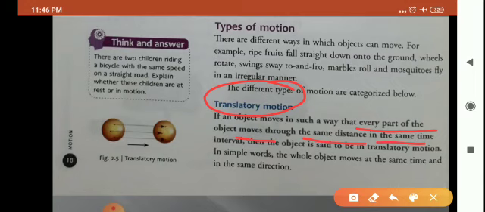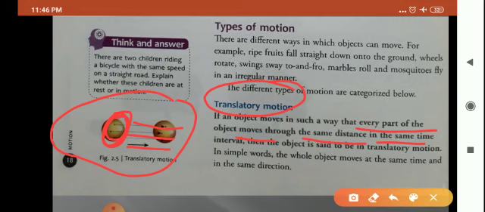So basically children, what is translatory motion? It means when the whole object, or all the parts of the object, move through the same distance in the same time interval. Suppose you are standing here and after some time you want to reach here. So what will happen?